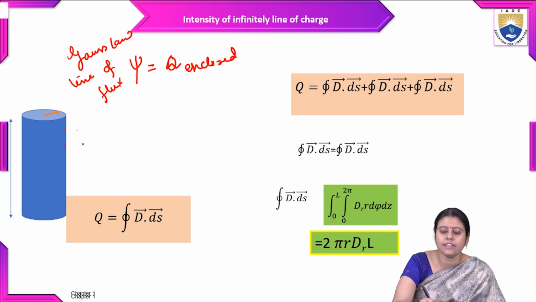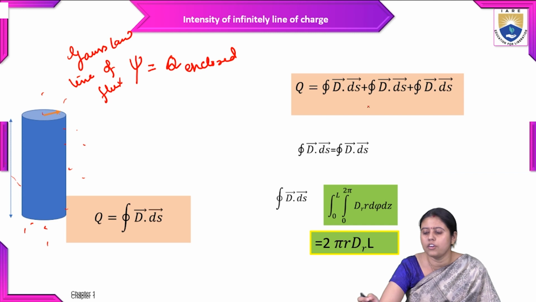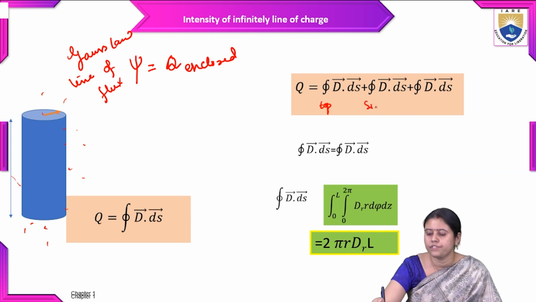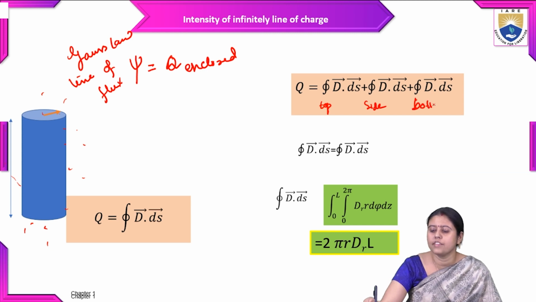So we can think that the lines of flux come out of the charge. So Q is equal to the integration of D dot ds for the top surface, plus the integration of D dot ds for the side surface, plus D dot ds for the bottom surface.